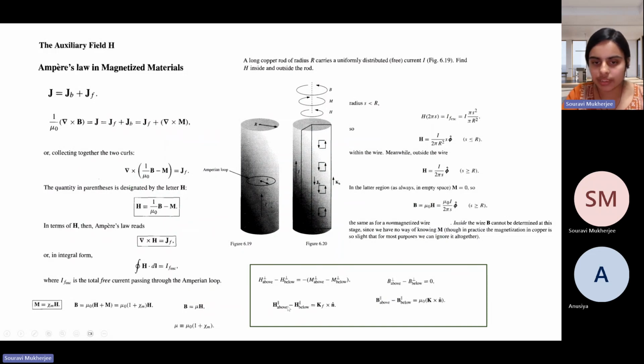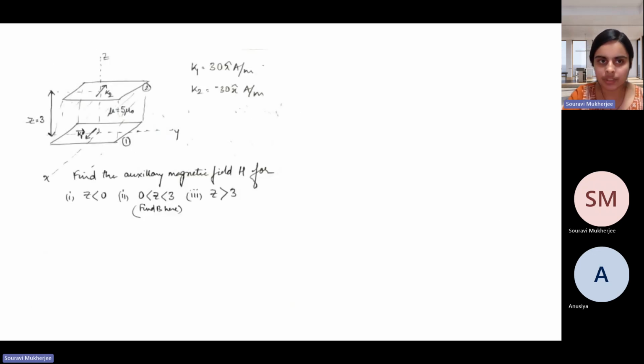So in questions where you have different surfaces with different surface current densities, you can use these relations to find how the field or H will be below and above the sheets. Or you can also use the expression that we just found for a single sheet and extrapolate those results to your question. This is something similar to what I am saying now.